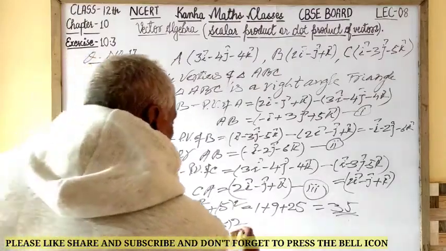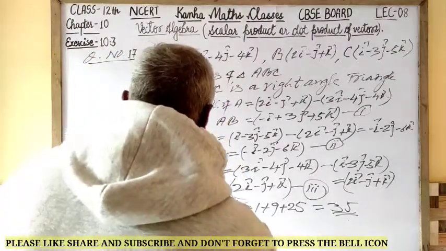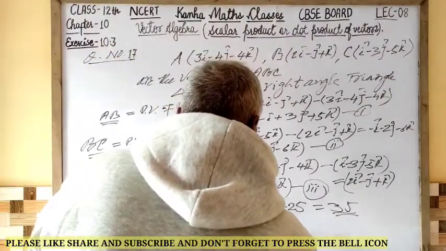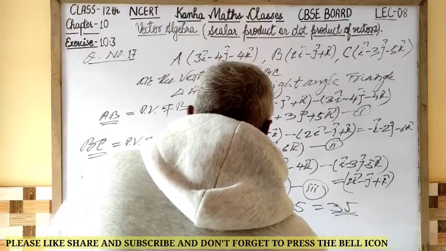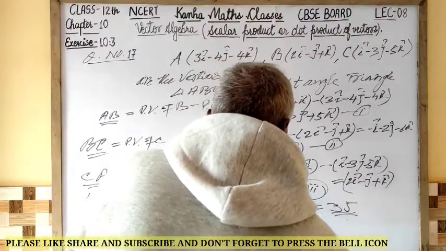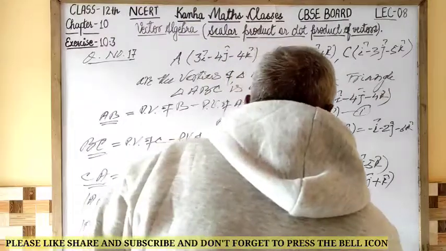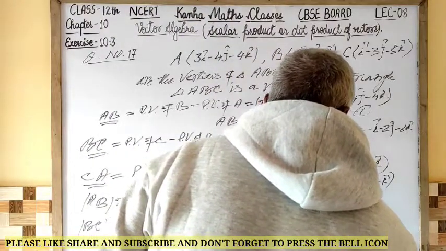This is 1 plus 4 plus 36, which is equal to 41.